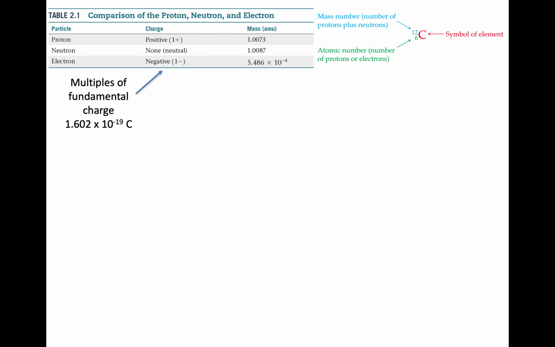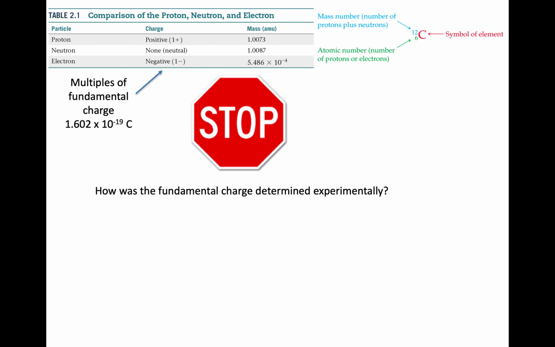An electron at -1 has a negative 1.602 times 10 to the minus 19th coulombs for its charge. Very small amount. Before we move on here, if that's the fundamental charge for an electron, how is that determined experimentally? That's what the particular value is.